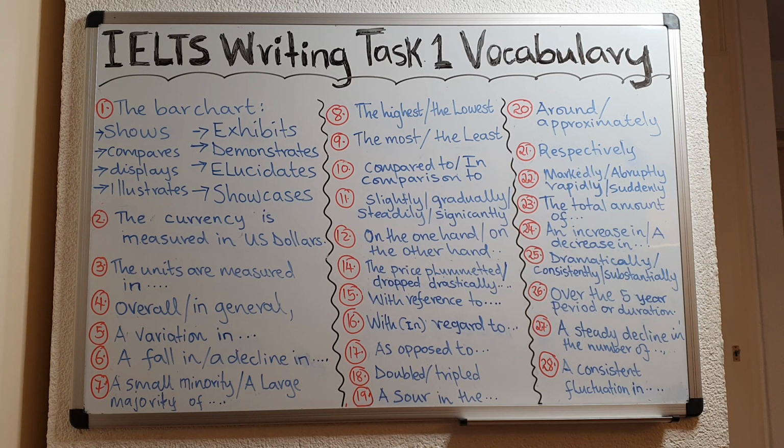Number 11, slightly, gradually, steadily, significantly. Now, this is when you're describing whether the data has gone up or it has gone down, okay. Slightly means there is not much of a change.